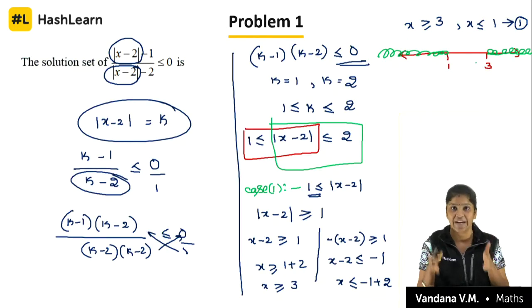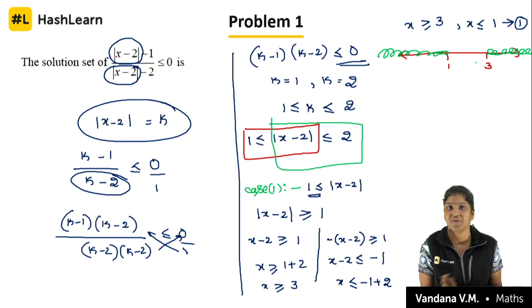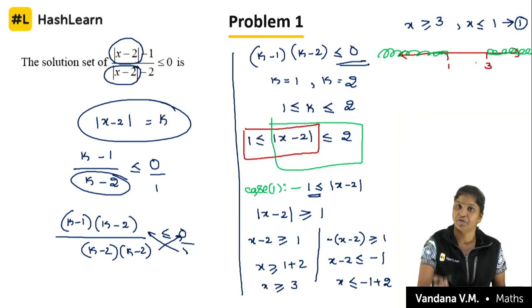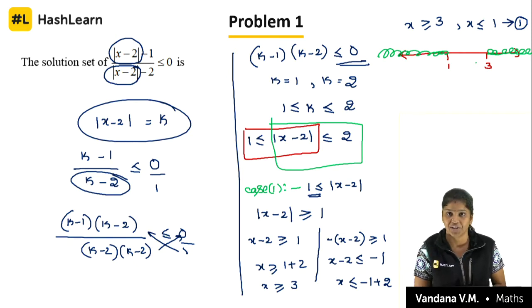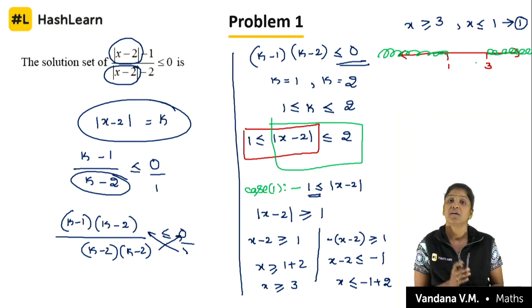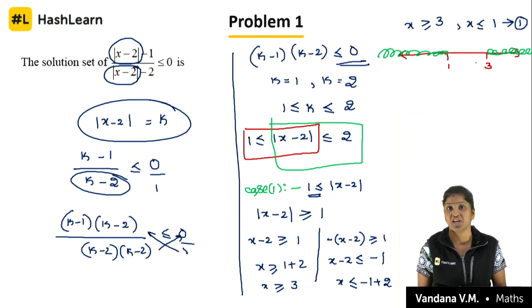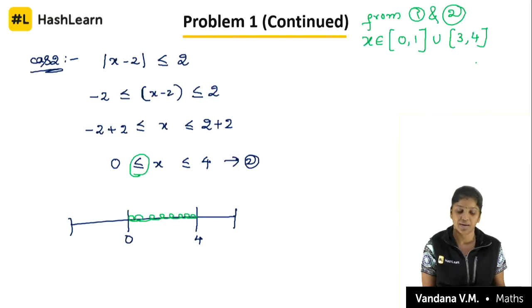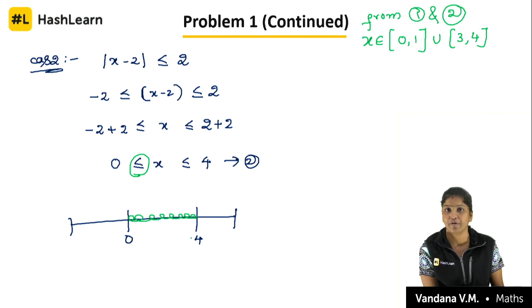Between 1 and 3, I do not have the value. In case 1, I have the region after 3, but in case 2 I have the values between 0 and 4. Now from 1 and 2, go for the common region.